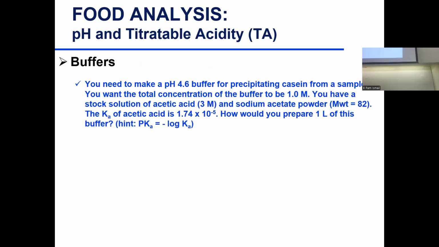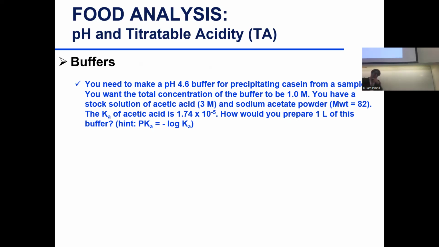So the concentration of the base and the concentration of the acid together is 1 molar. That's one given. The other given, final pH, you want it to be 4.6. That's your final pH.